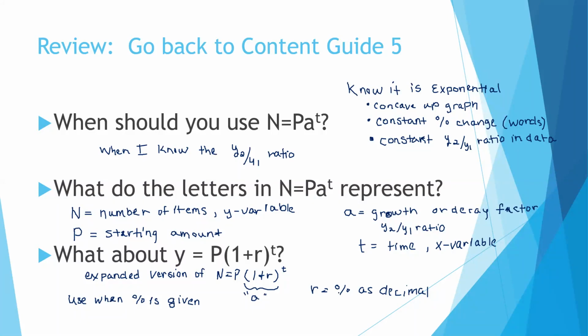And it can be positive or negative, depending if the item is growing or decaying by a certain percentage. And doing the math in the parentheses gives us A. So right here, do the math to get A.